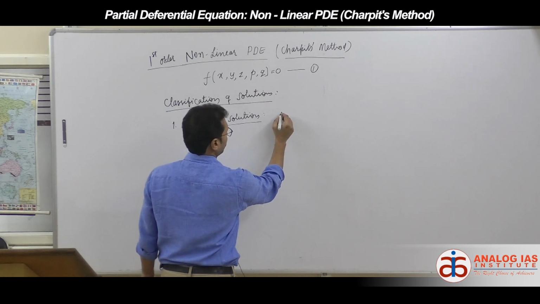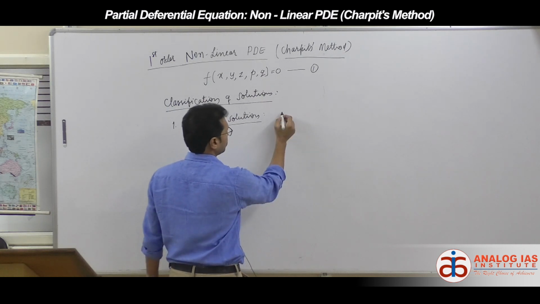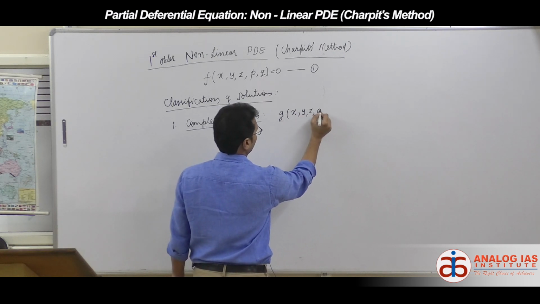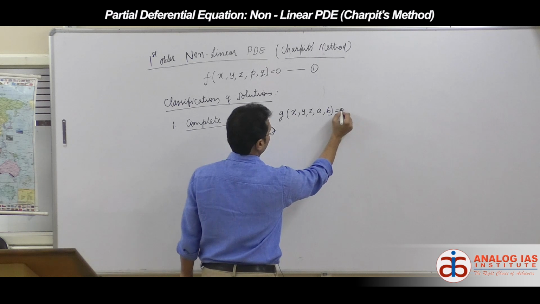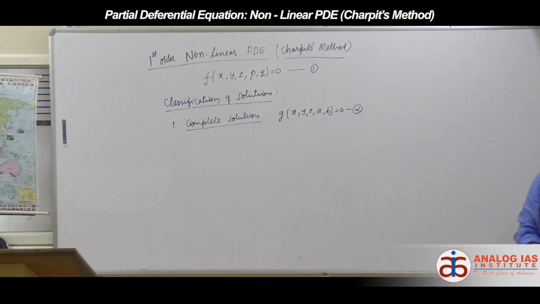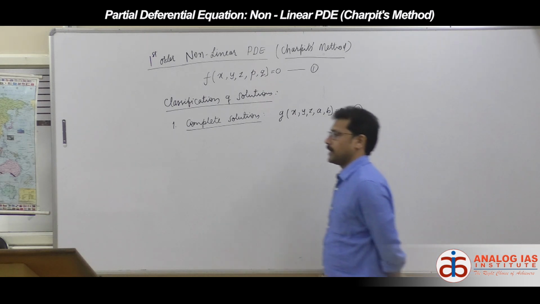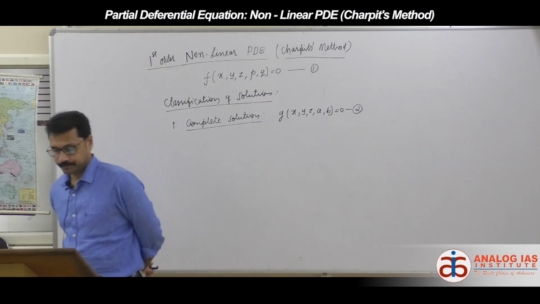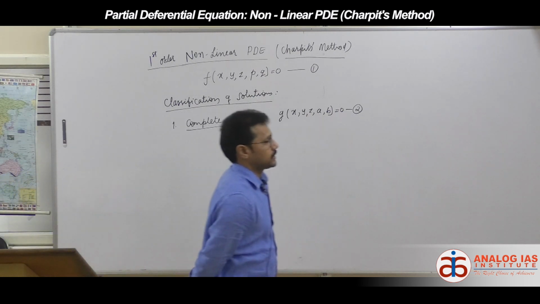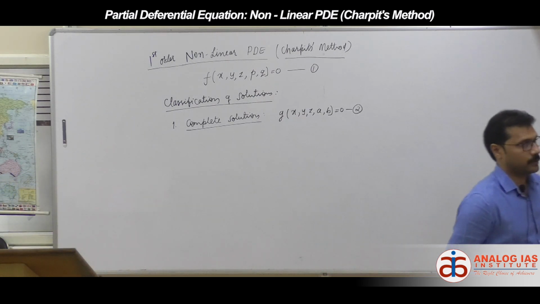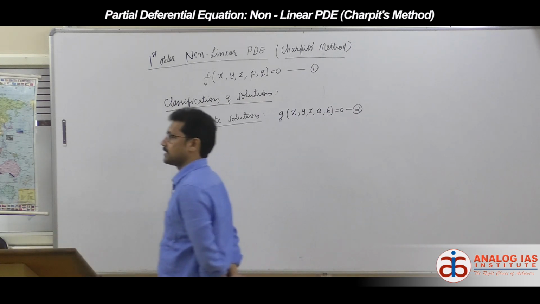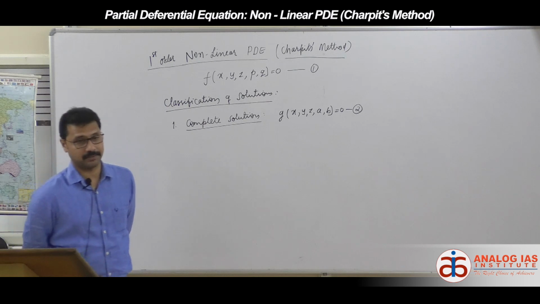Any solution of the form g of x comma y comma z comma a comma b equal to 0, which contains as many arbitrary constants as the number of independent variables.